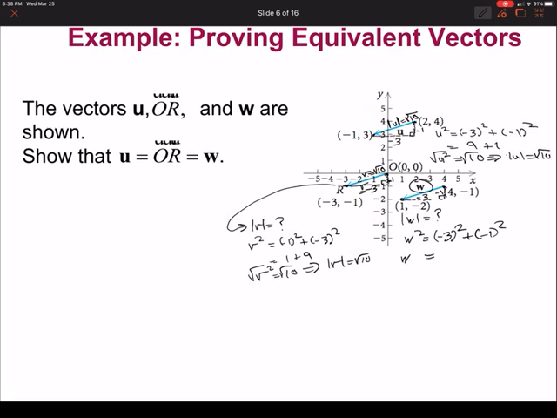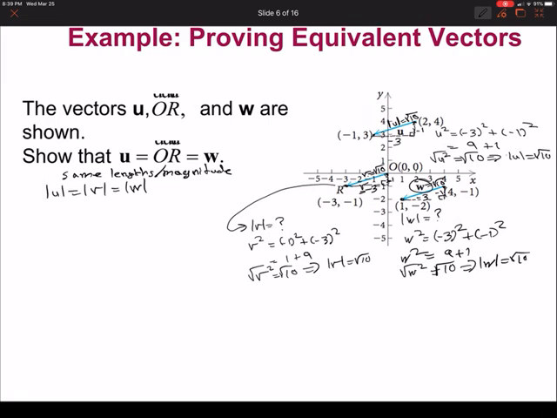So again, that's 9 plus 1, or 10. As we take the square root of both sides, the magnitude of vector w is the square root of 10. So it has the same length. So the magnitudes of vectors u, v, and w are all equal. They're all equal to each other, the lengths, the same magnitude. Magnitude would be the length.